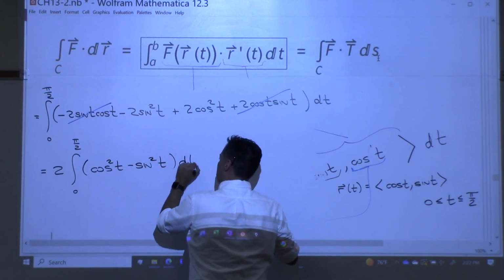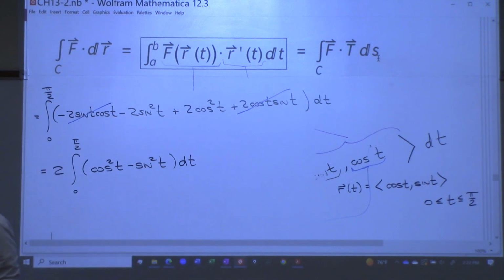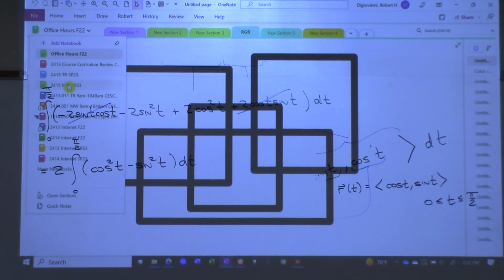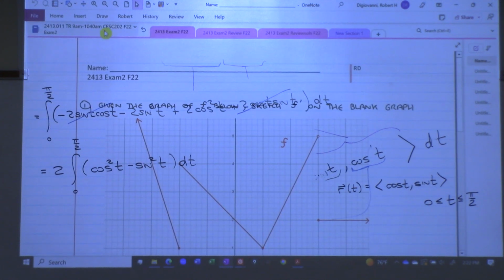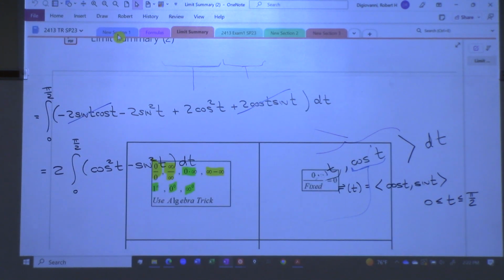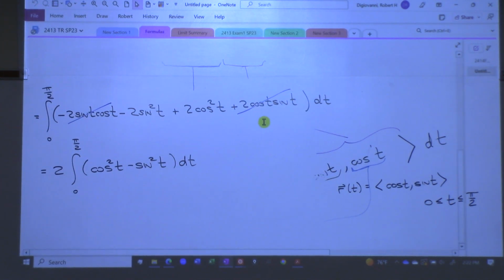And then somebody who's really sharp with their pre-cal recognizes that as a double angle formula for cosine. So this is, where is it? Hold on. It's cosine 2t. Yeah. I'm going to bring it up here.